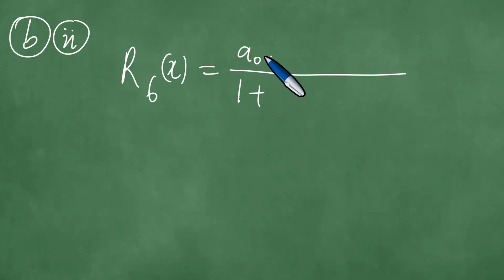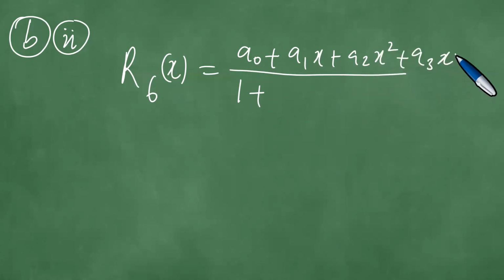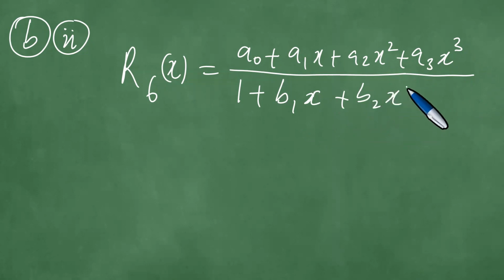Then we have A0, A1X, A2X squared, plus A3X cubed, over 1 plus B1X, B2X squared, B3X cubed.